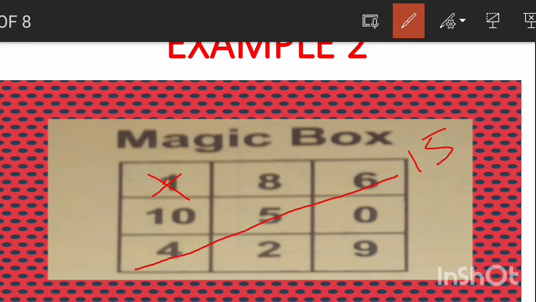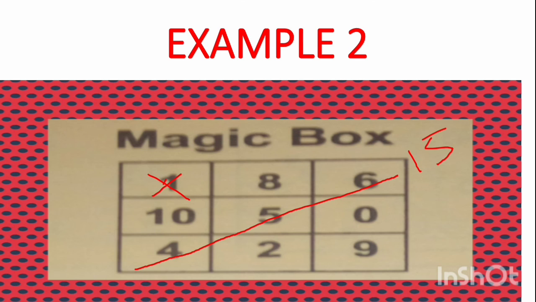And if some numbers are missing, you add the remaining 2 numbers and then take away their sum from 15. Let me show you what I mean by that. You have 4 missing, it's not given. Since you've known the sum already, you write down the sum, which is 15.